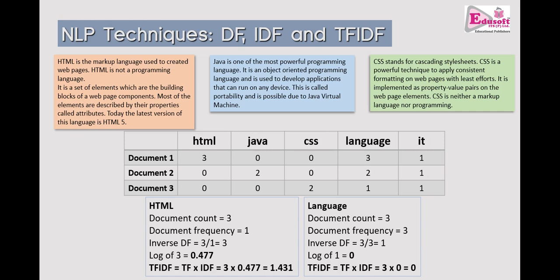As you see here, TF-IDF is the importance. TF-IDF for HTML is 1.4, and TF-IDF of language is how much? 0. It is not important at all, because language appears so many times in all the documents. So this approach actually reverses the effect: a higher frequency term goes to lower importance after TF-IDF.